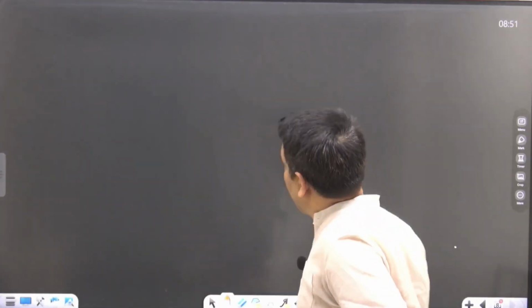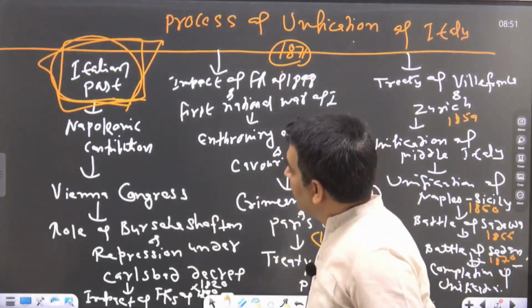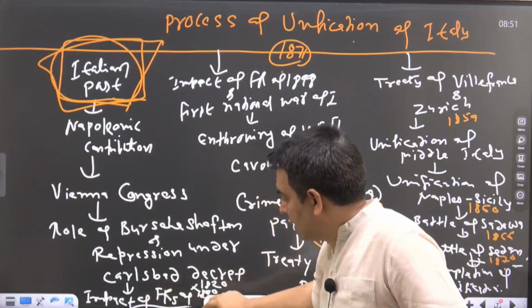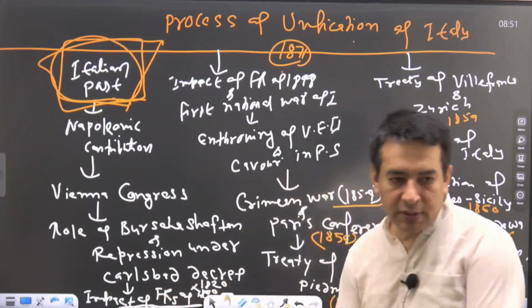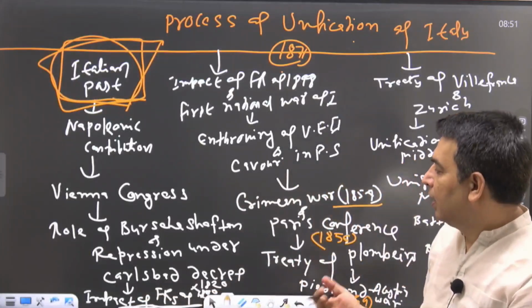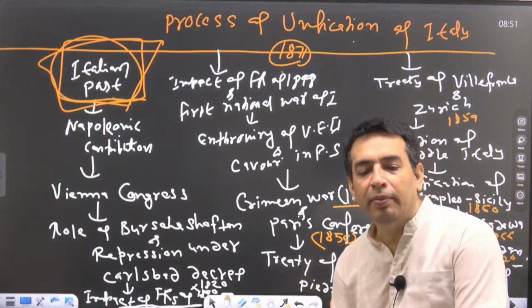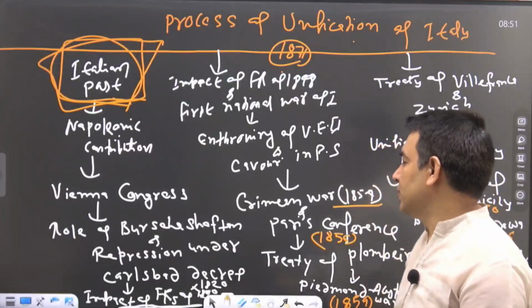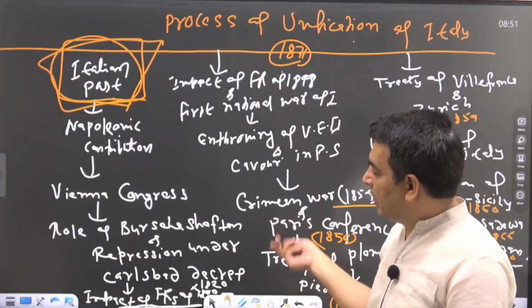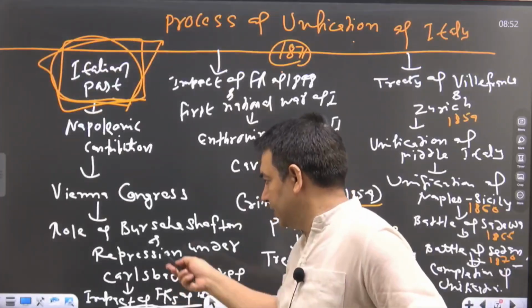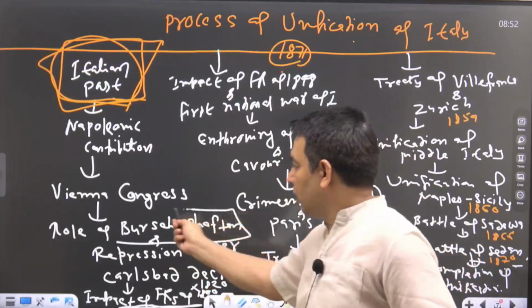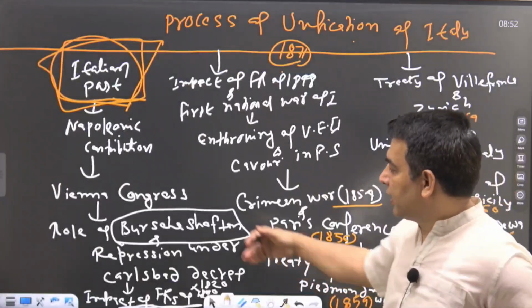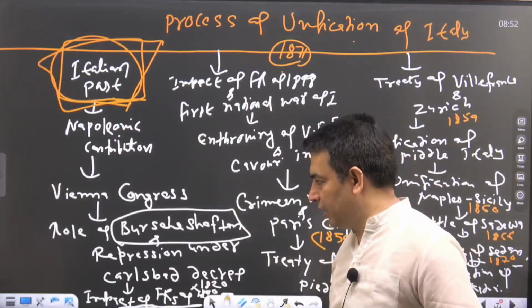When the revolution of 1820 and 30 happened, people were influenced in Piedmont, Sardinia, and in Milan. Revolts took place to have a constitutional government, to give some liberty to people. And there was another important development, the role of the Burschenschaft. The Burschenschaft was a union of students at universities. They tried to strengthen the sense of nationalism and oneness.